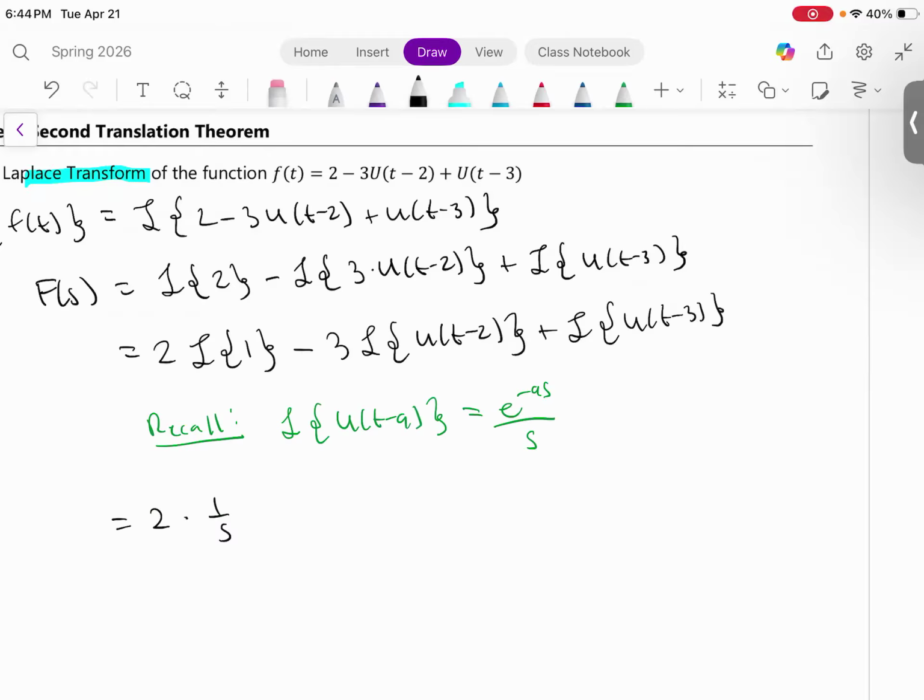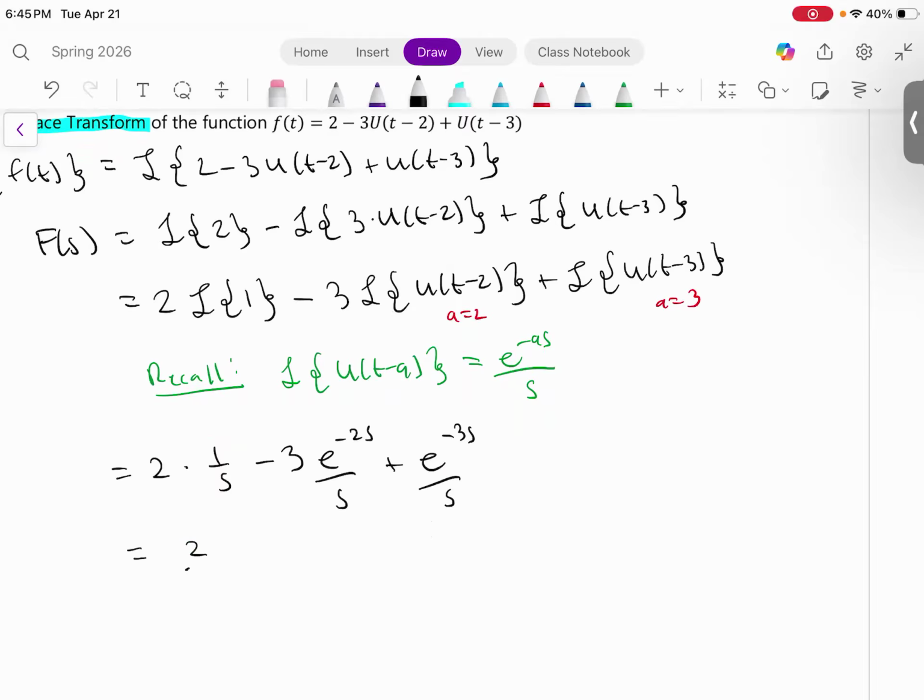Laplace of 1 is just 1 over s, minus 3 times e. Here a would be 2, a would be 3, e to the negative 2s over s, plus e to negative 3s over s.